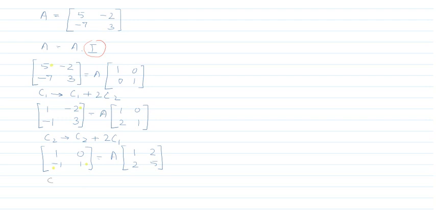So for that we'll have to perform operation in C1, it's C1 plus C2, and so we get 1, this is 0, this is already 0 1, equals to A multiplied by 1 plus 2 makes it 3, 2 plus 5 makes it 7, second column written as it is. Therefore we get A inverse to be equal to 3 2 7 5.